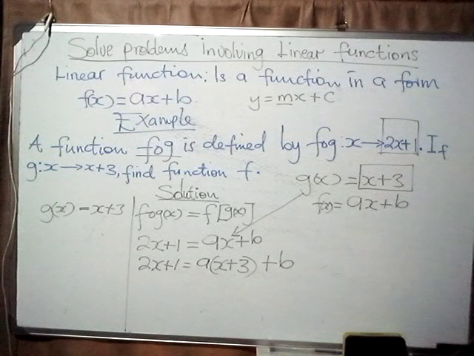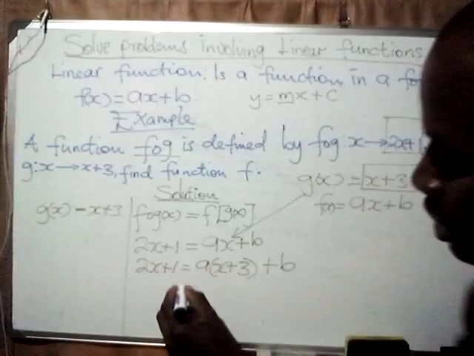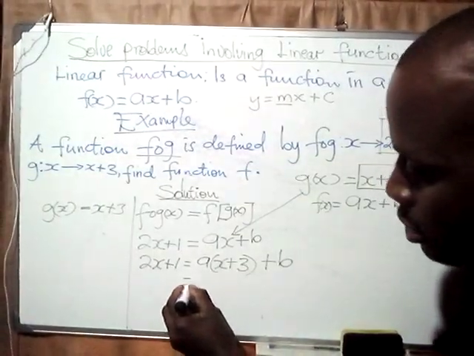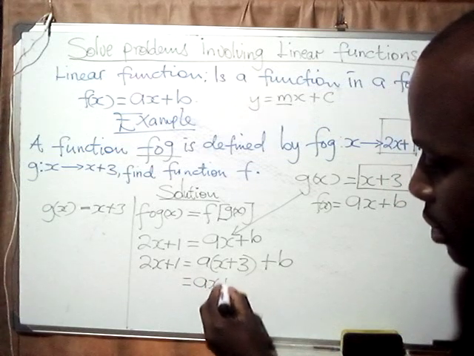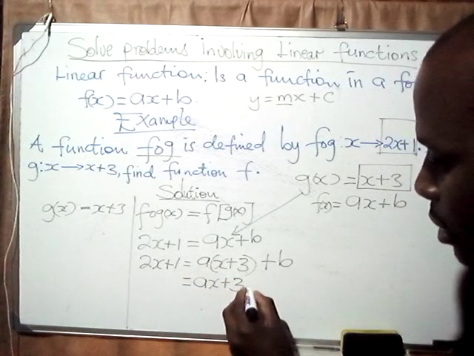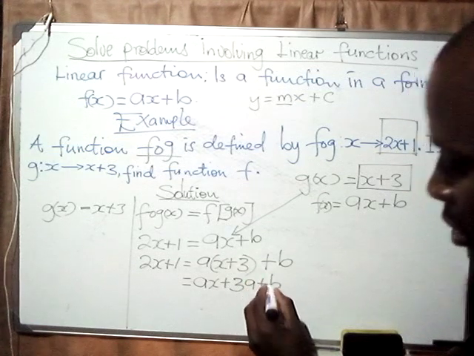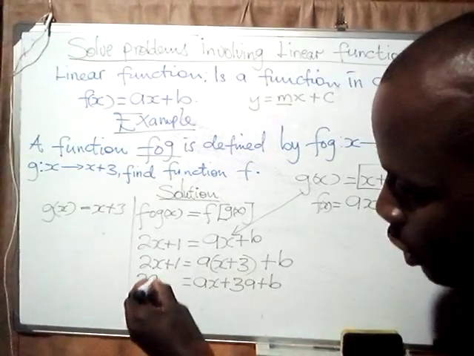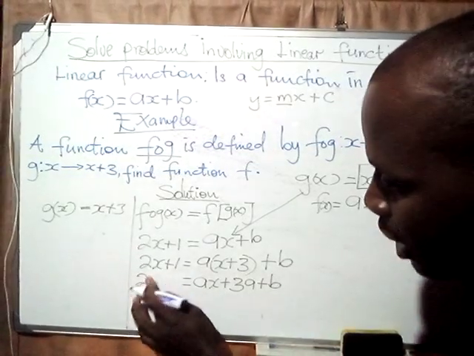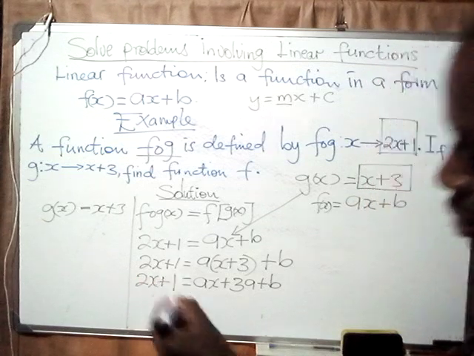Once we reach here, we are going to expand this information, not cross multiply, sorry. So it will be ax plus 3a plus b, which is equal to 2x plus 1.